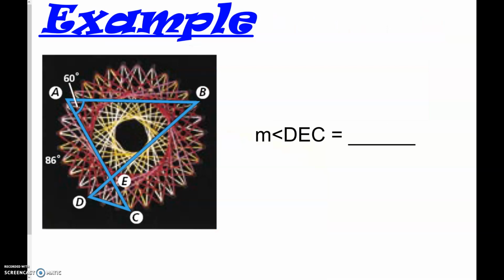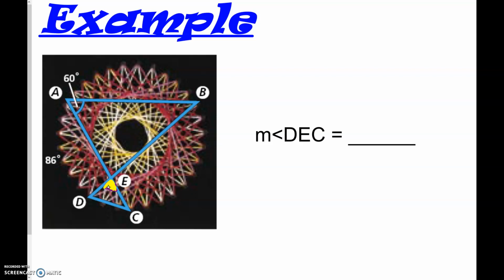In this one right here, it's a little bit more complicated. Our ultimate goal is to find angle DEC, which is this angle in here. I'm not sure if you can see this, but in here we're looking for angle DEC. That's our ultimate goal.